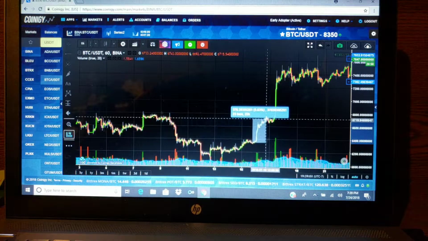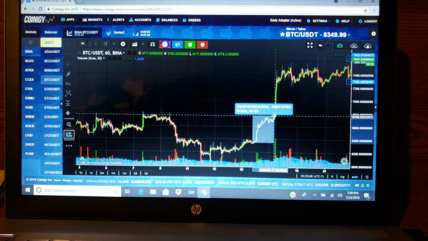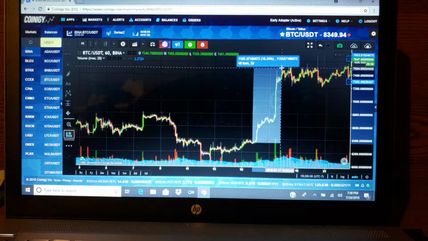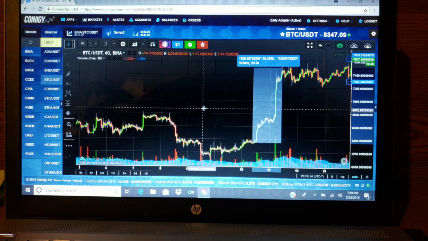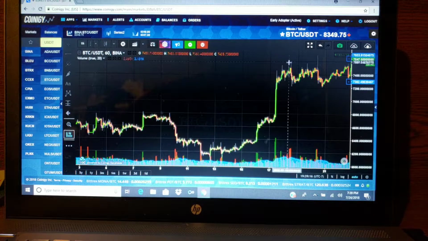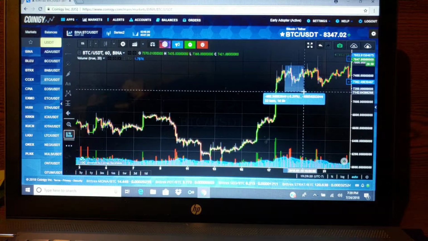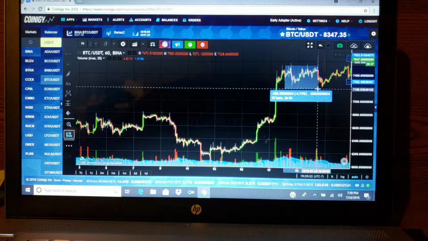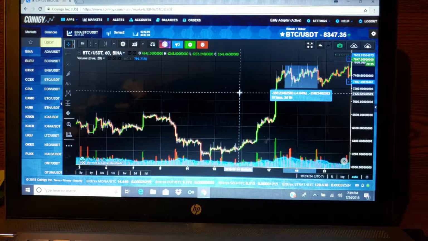So from here to here, it's a day, 2 days. Now we kind of went sideways and down a little bit, right? Over here, look, again, there's 2 days.